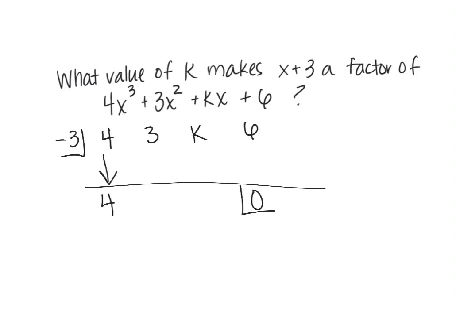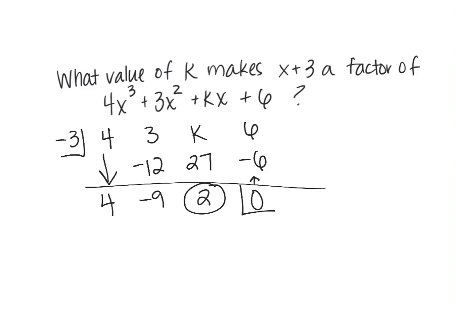We can bring down the 4, we can multiply, we can add down, we can multiply, but now we have k, so we can't add down, but we can work backwards. If I want a remainder of 0, then I needed to have a -6 under there, because 6 plus -6 is 0. Well, then the question becomes what goes in this section so that when I multiplied by -3, I got 6.